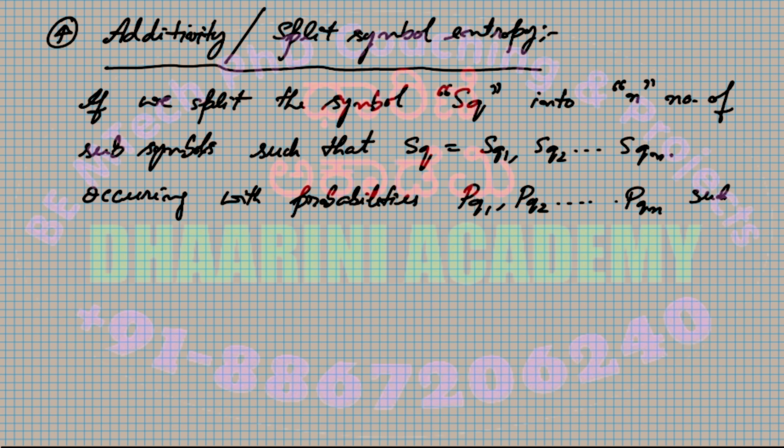So this basic condition needs to be met. That is, PQ is equal to PQ1, PQ2, PQ3, all the way till PQN.